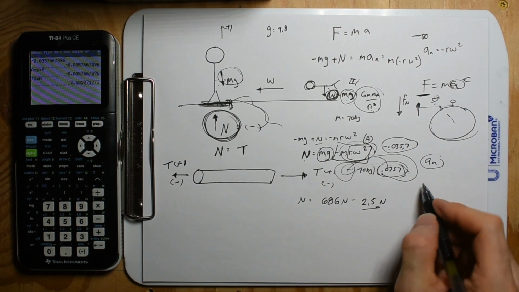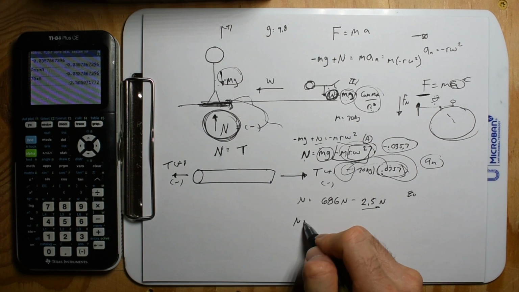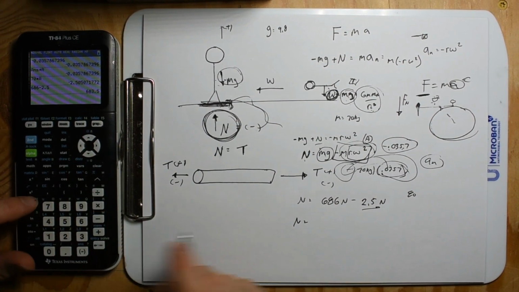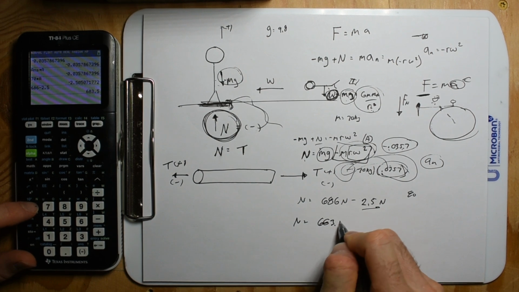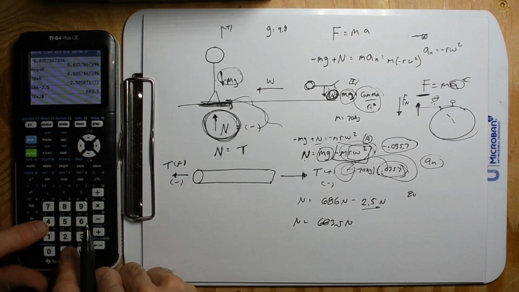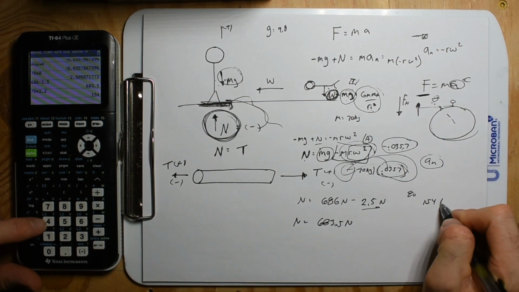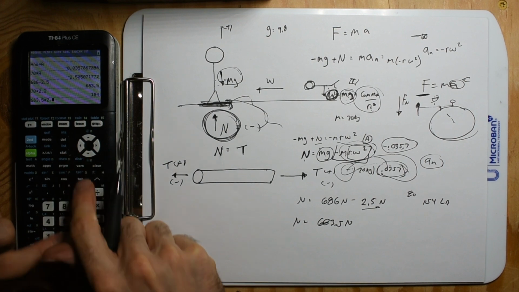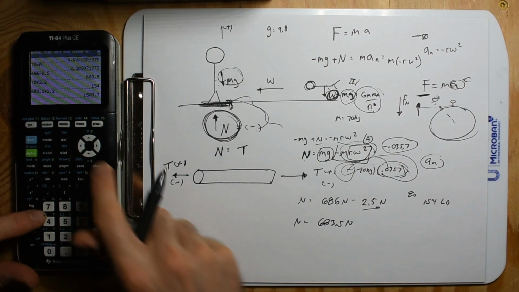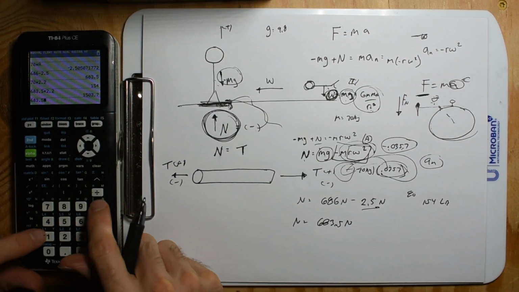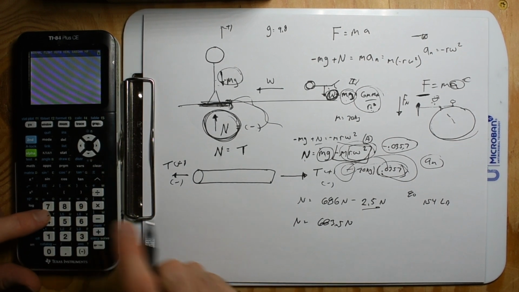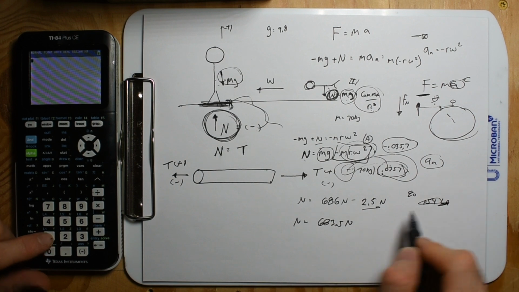Remember that 2.5? It's 8 ounces. So now our final newtons, minus 2.5, is 683.5 newtons. Cool. So 70 times 2.2 was 154 pounds. No, I apologize, I'm going the wrong direction.